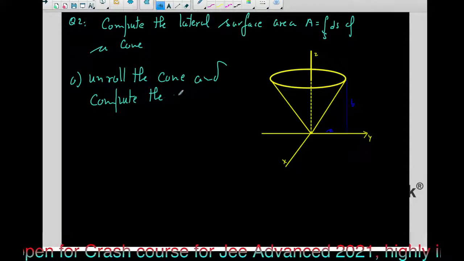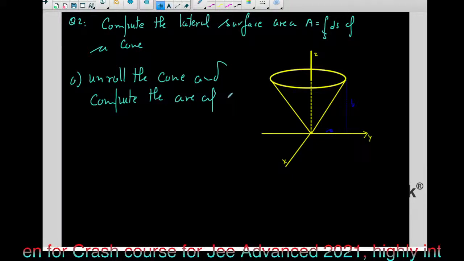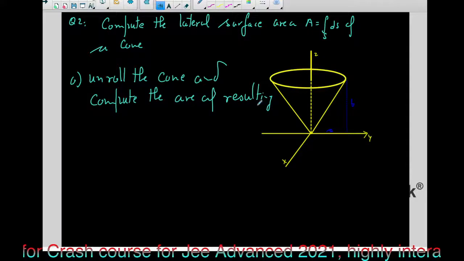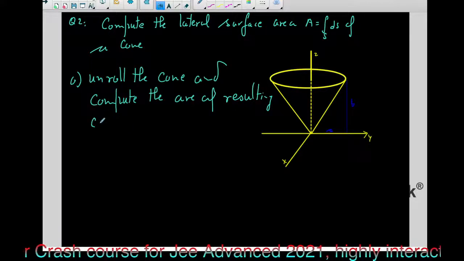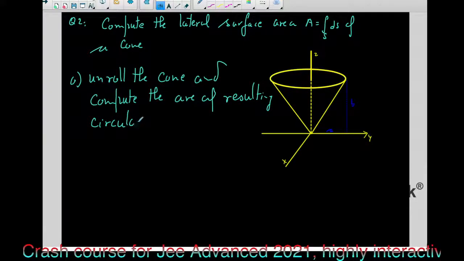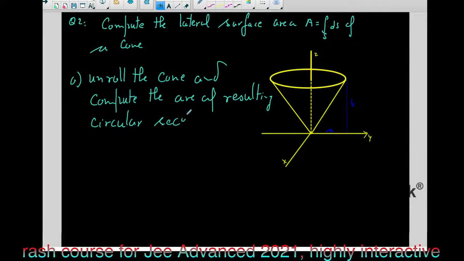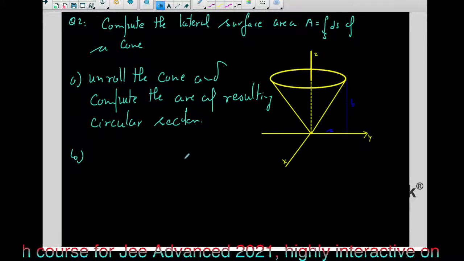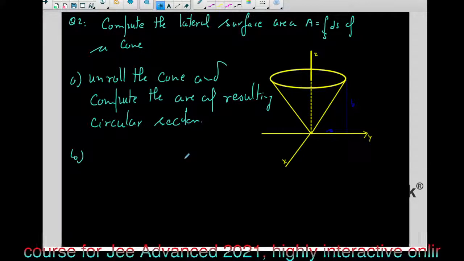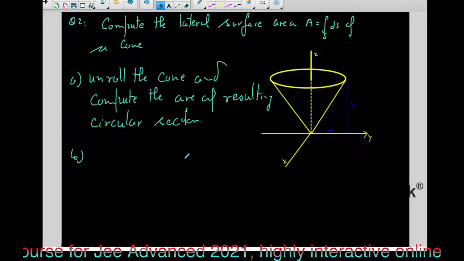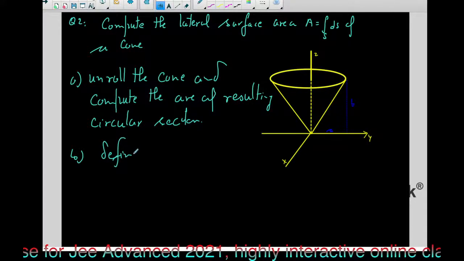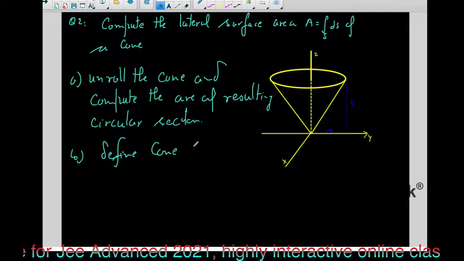And part B, you have to find this: define the cone parametrically.